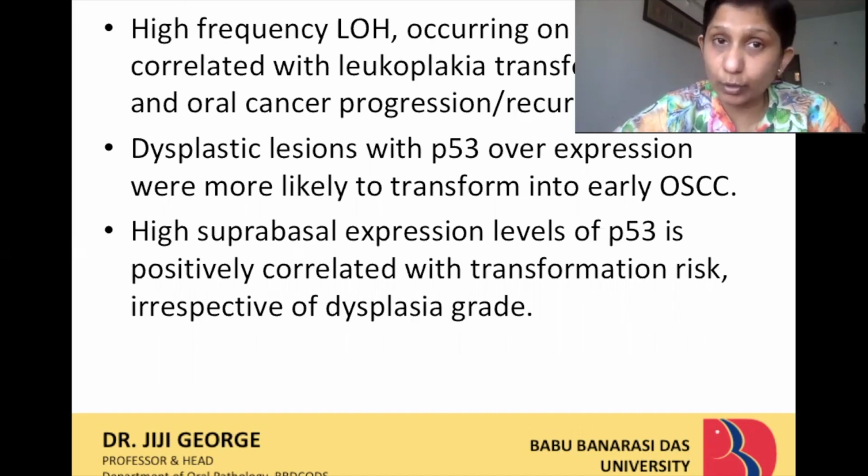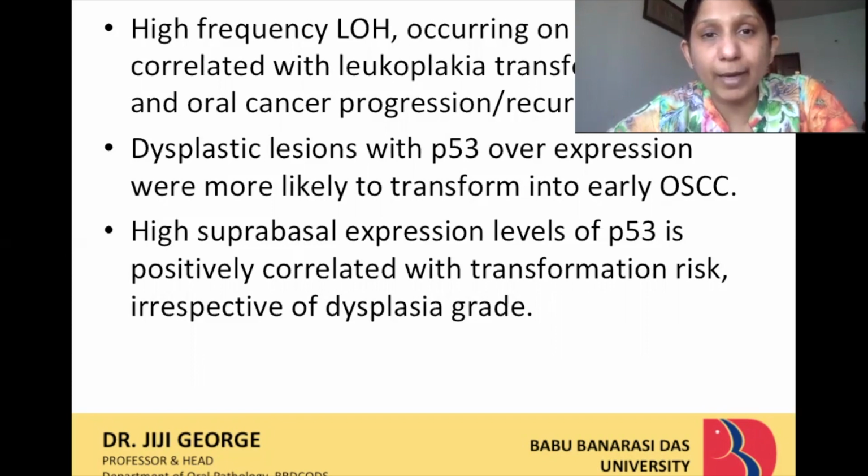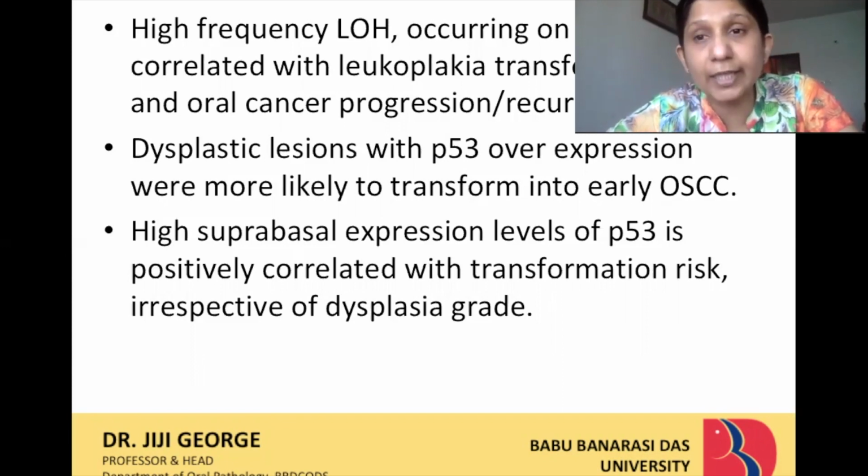And it is correlated with a lot of leukoplakia transforming into oral cancer, which means when you take a biopsy from the leukoplakia lesion of the patient and you take it for some genetic level studies, if you're able to see high frequency loss of heterozygosity on the petite arms of the 3rd and the 9th chromosome, that means it is a predictive marker for the lesion going into a malignancy.